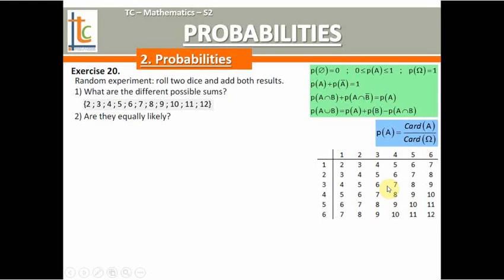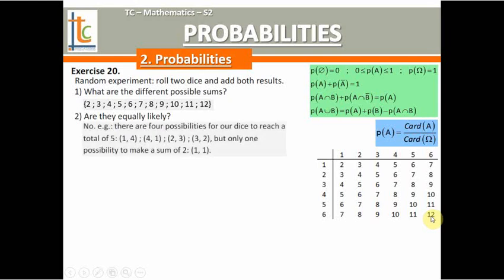And then you can see that you've got 4 times more chances to obtain a 5 than to obtain 12. So the list 2, 3, 4, 5, 6, 7, and so on is not a list of equally likely outcomes. That means that we're not allowed to use this formula inside this set. So it's a big problem for us in order to go on with the exercise.